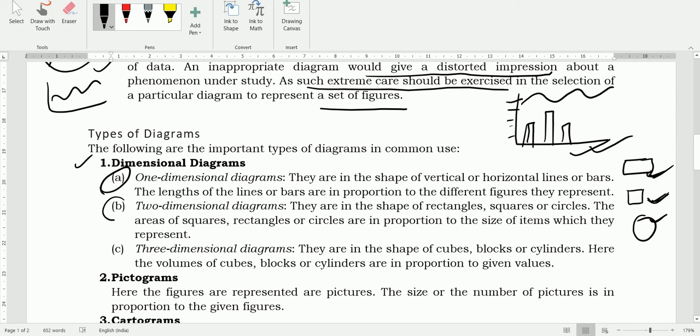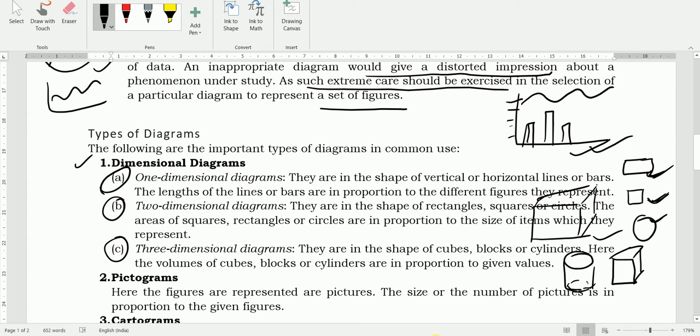And here we have the third type of dimensional diagram, that is three-dimensional diagrams. They are in the shape of cubes, blocks, or cylinders. Three-dimensional, they are in the shape of cubes like this, or in the form of blocks or cylinders.